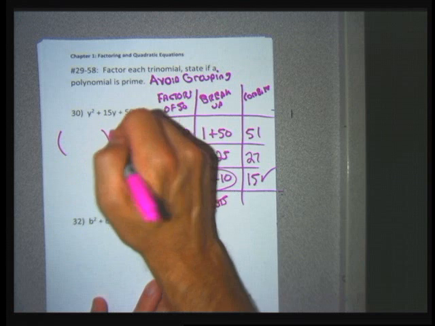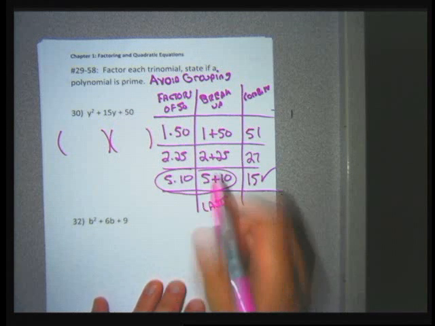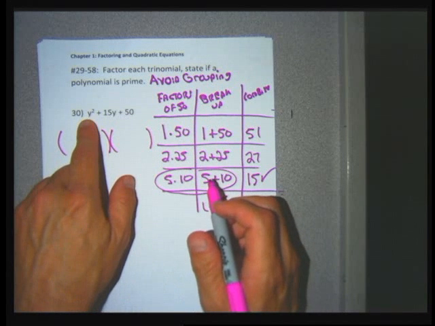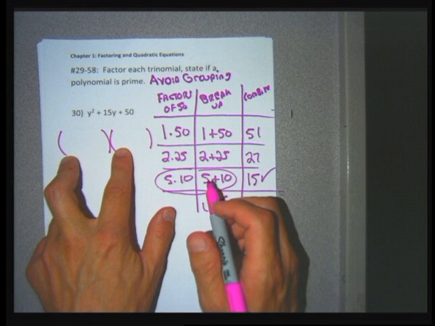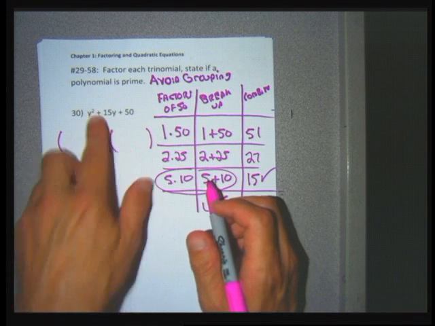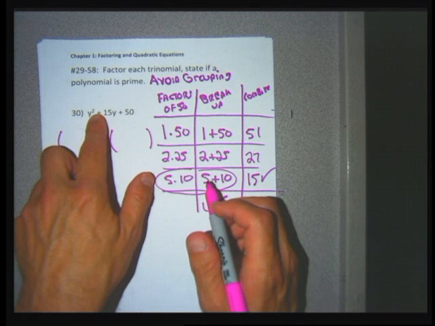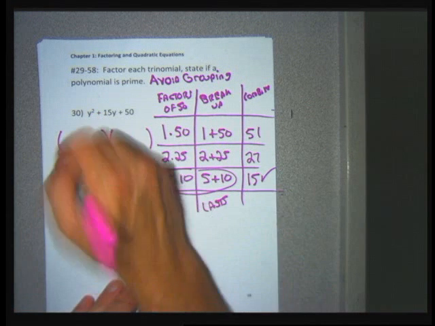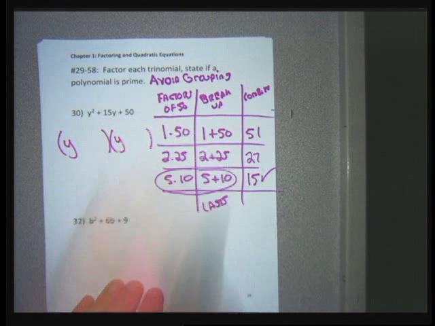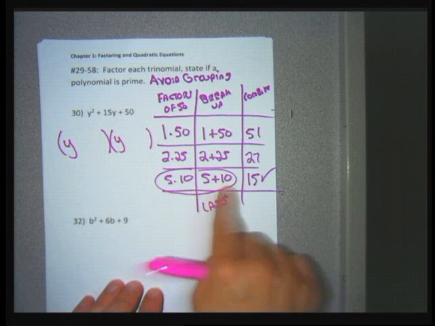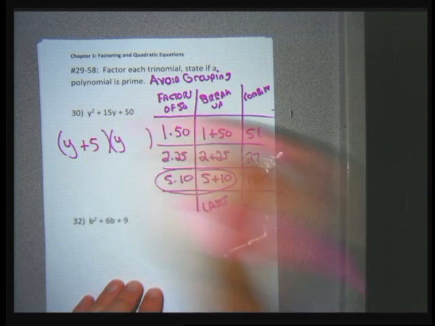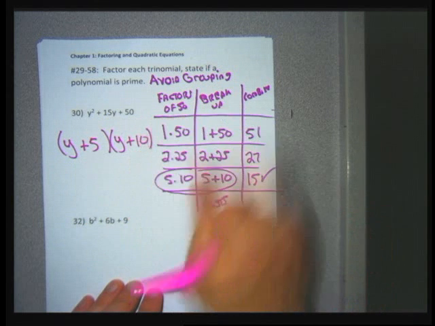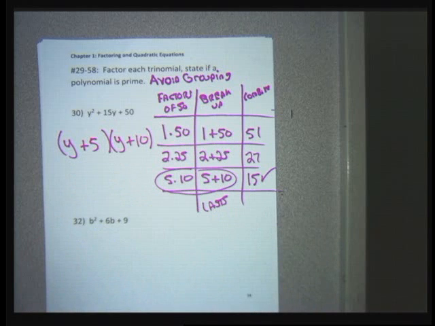Firsts are super easy to get because I'm going to split the y squared into 2 y's. I'm basically going to divide this exponent by 2, and that tells me my firsts are going to be a couple of y's, and this table tells me my lasts have to be a positive 5 and a positive 10. Because both these numbers are positive, I put plus signs in front of them.